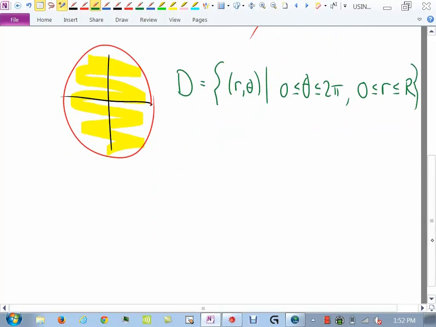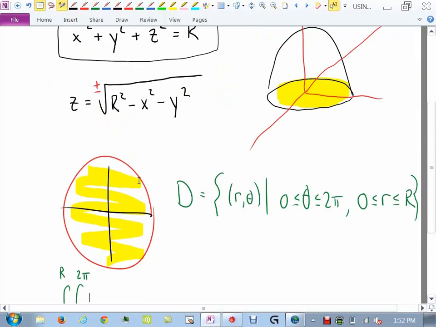Then the double integral, 0 to, what goes first? Big R, then 0 to 2 pi, then the function that we're integrating, which was this, z, right?